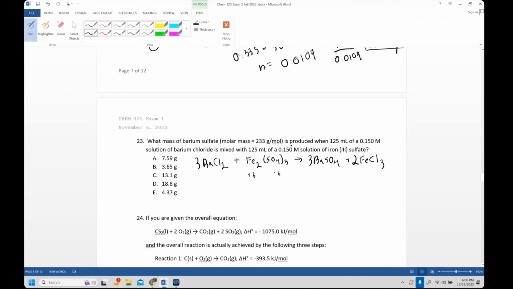So where's the mass of barium sulfate? That's right here. Is produced when this much of barium chloride is mixed with that much of iron sulfate. So we first need to figure out the moles of everything.